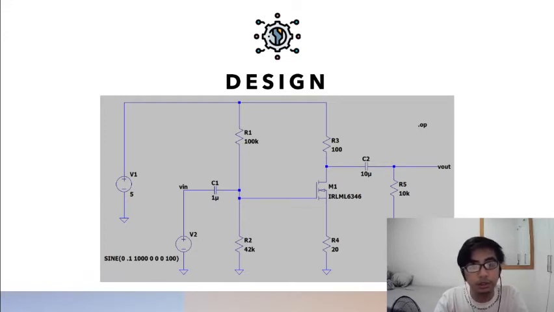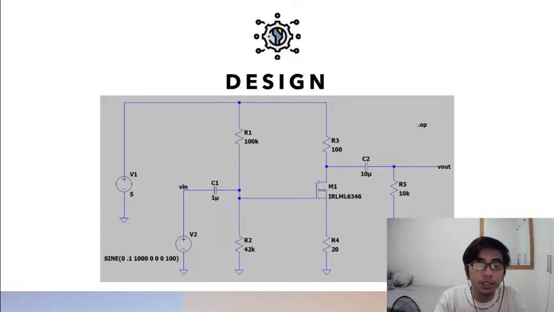If we were to explain this design, we can see that there are two voltage sources, five resistors, two capacitors, and one MOSFET transistor. For the voltage sources, voltage 1 uses a DC value of 5 volts, and voltage 2 uses a sine function. For the capacitors, it uses 1 micro and 10 micro.